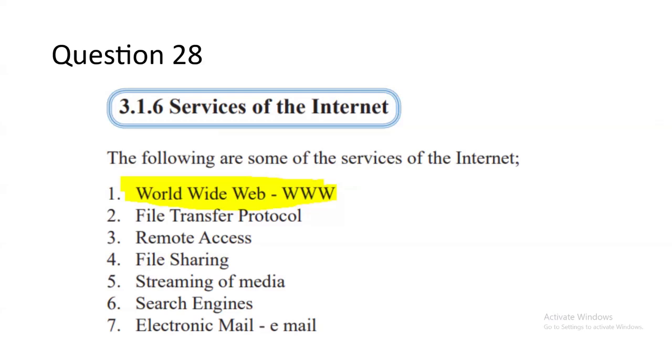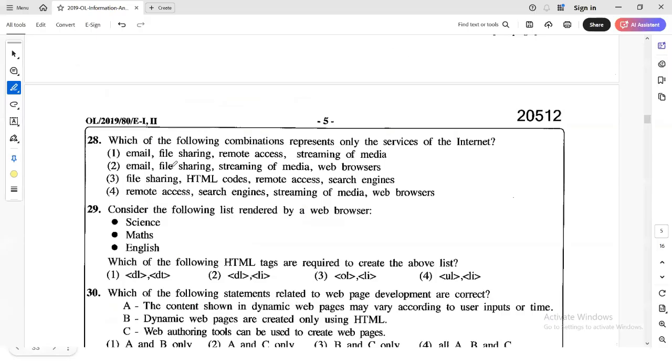Search engines, where you go and search your content like Google and Bing, and emails, right? So I will go for the answers and see. So services: email, file sharing, remote access, streaming. Yeah, it seems the answer. We'll go and see the other ones.